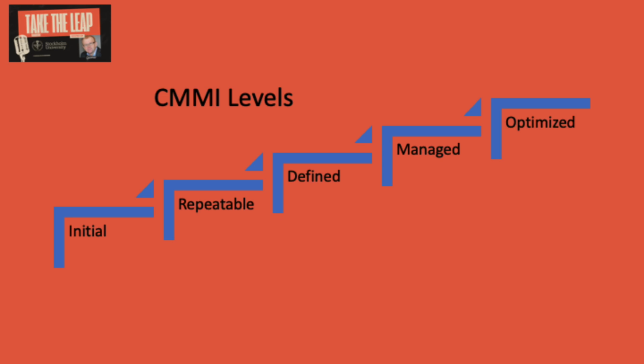One of the key methods CMMI encourages is continuous improvement through regular assessments. Just because you reach level 3 or 4 doesn't mean you stop there. CMMI is all about building a culture of improvement.